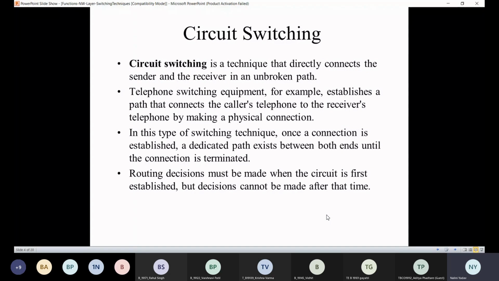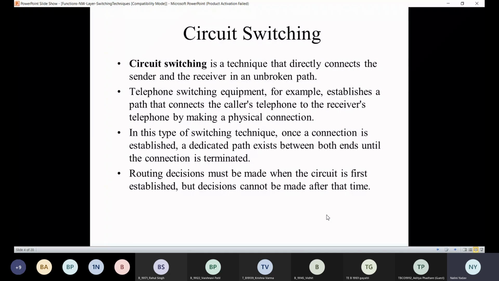Here, the routing decisions are made when the circuit is first established, and once the circuit is established, the routing decision cannot be changed. Whatever routing decision is made while establishing the service will remain the same till your communication is over. So that is my circuit switching.